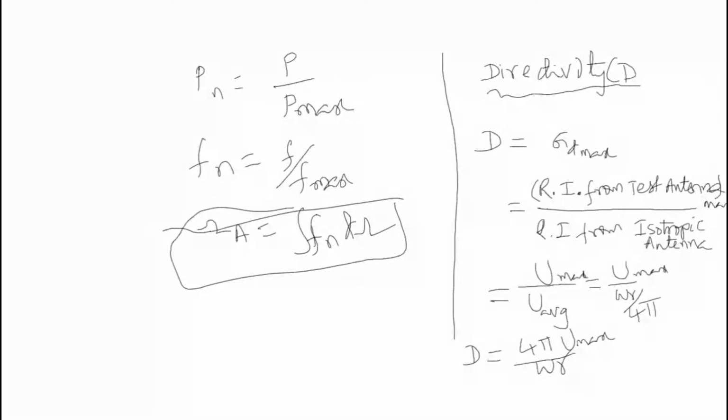But what is WR? WR is equal to integral U d omega. But we have already D is equal to 4 pi into U max.